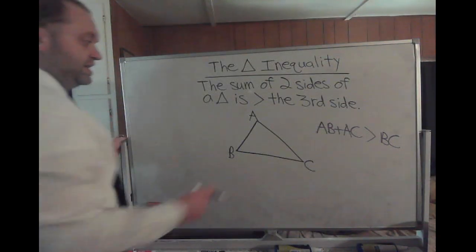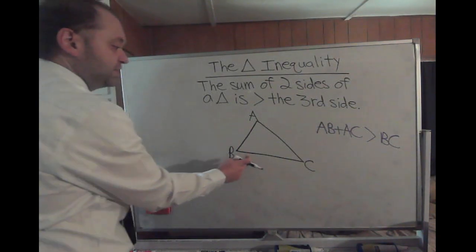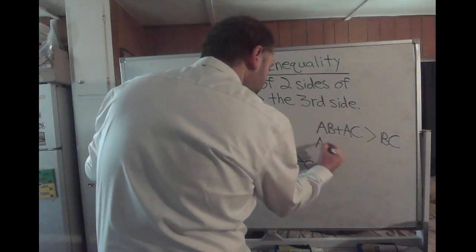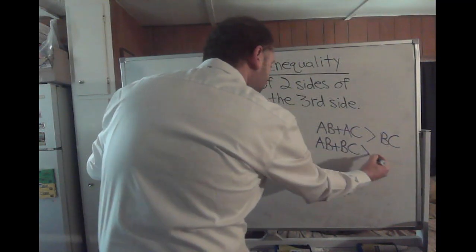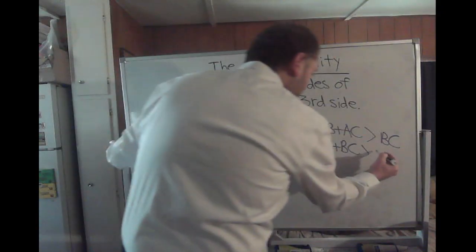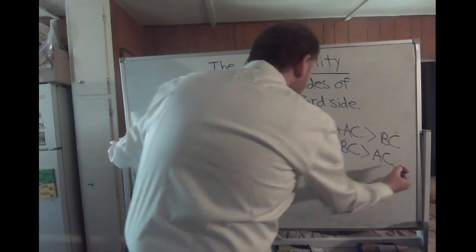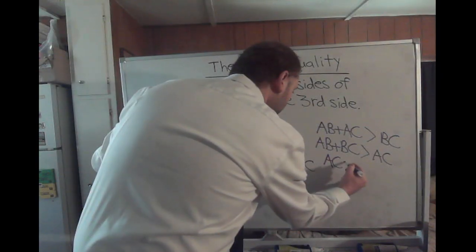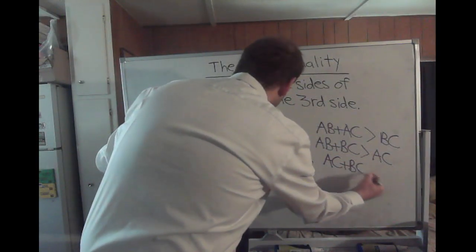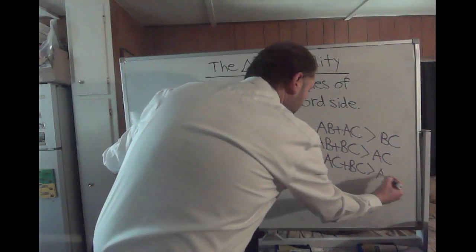What else can we say? That the length of AB plus the length of BC would be greater than AC. And then of course we could have the length of AC plus BC is greater than AB.